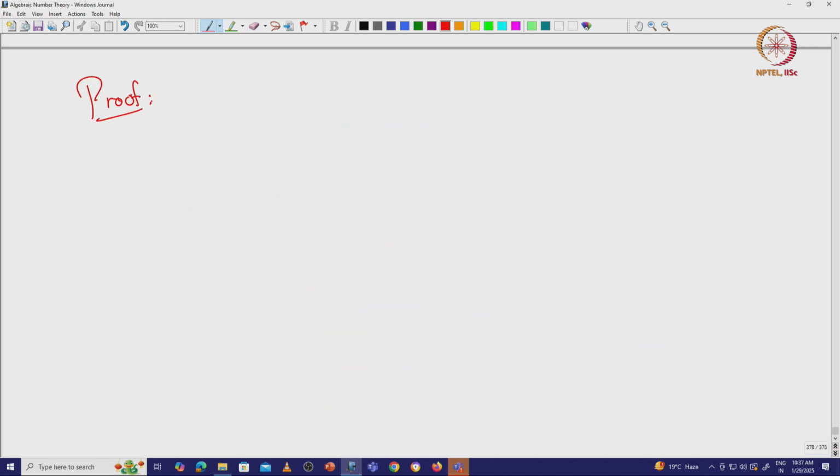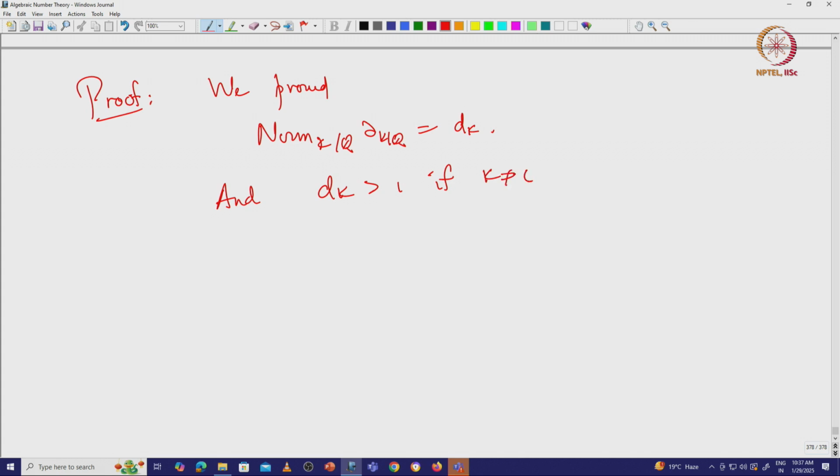We proved that the norm from K to Q of the different ideal is the discriminant of K, and d_K is bigger than 1 if K is not equal to Q. This was using Minkowski bounds.